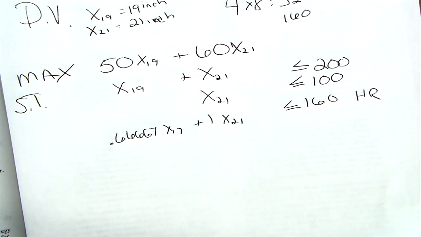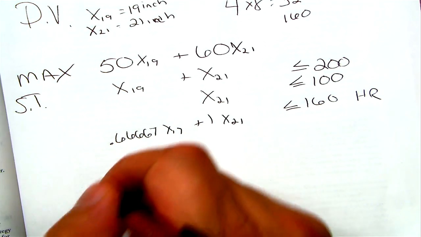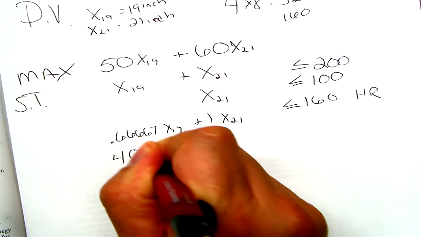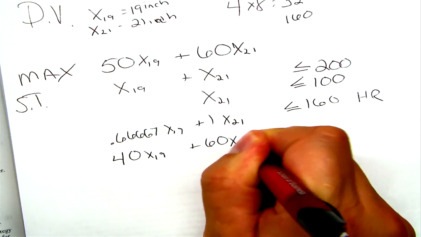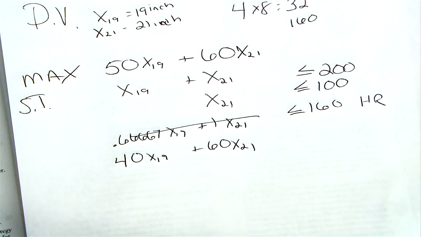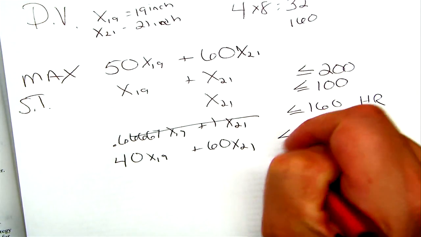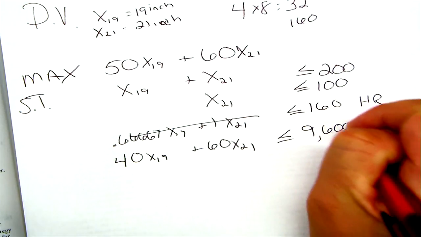But where possible, it's good to avoid decimals and fractions; we're better with whole numbers. So I would agree with Sarah that I'd rather write that in terms of minutes. I would say 40 X19 plus 60 X21, and we have 160 hours, so that's 9,600 minutes. So it is less than or equal to 9,600 minutes.